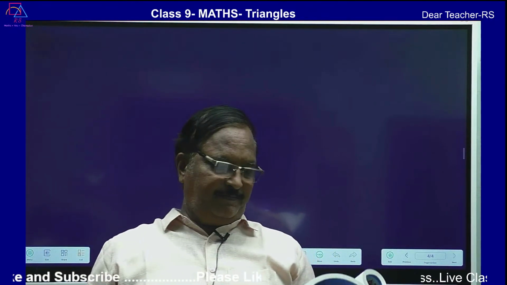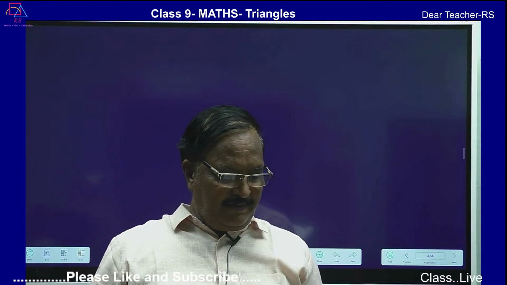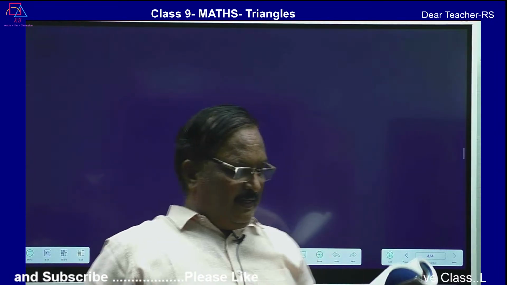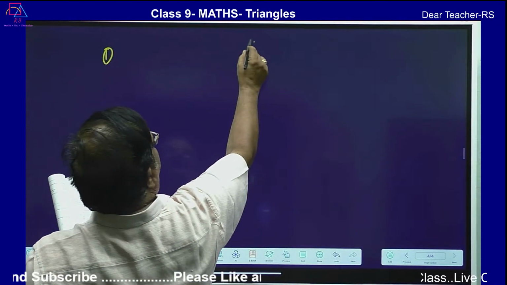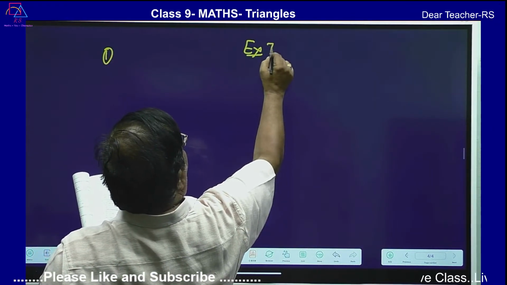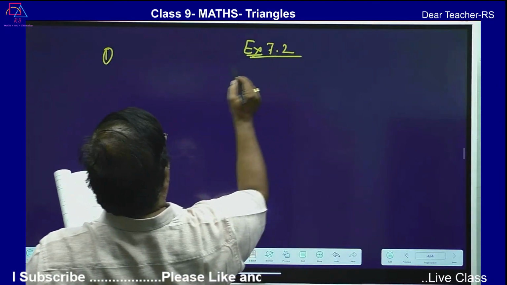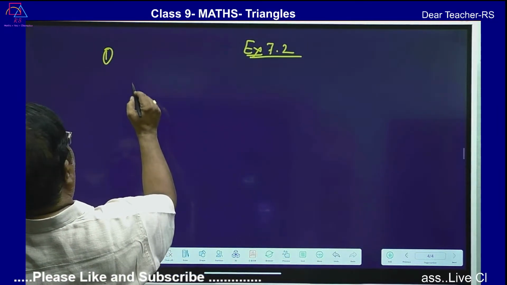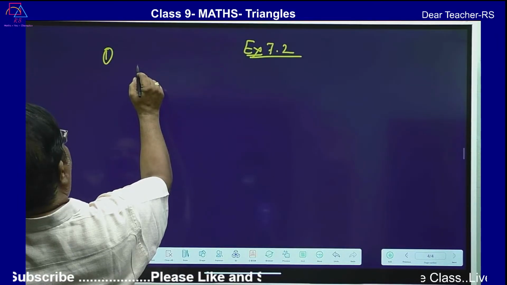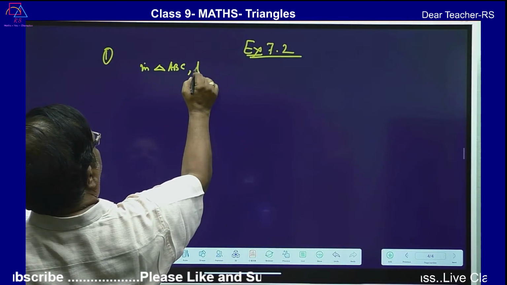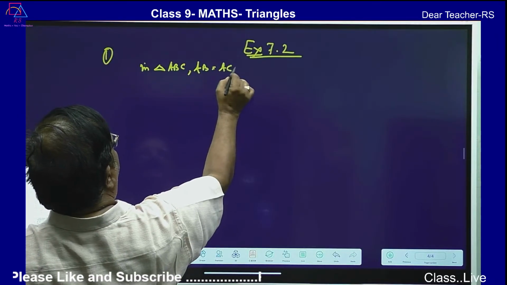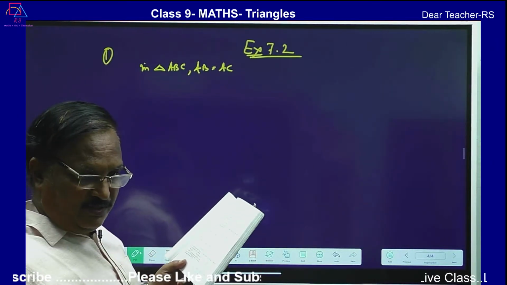First question, exercise 7.2, question number 1. In triangle ABC, AB is equal to AC. Isosceles, two sides equal.